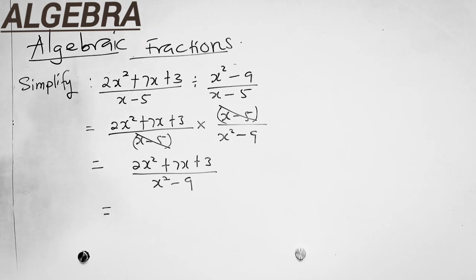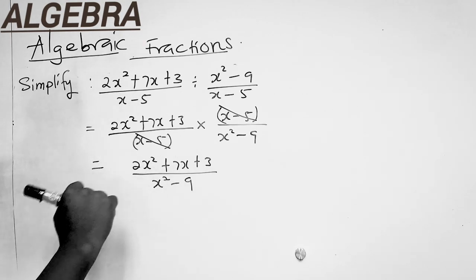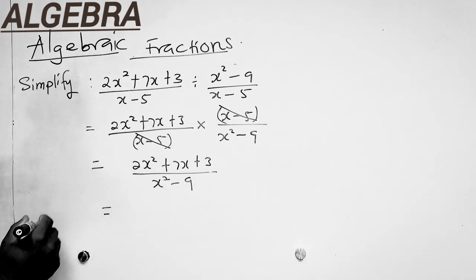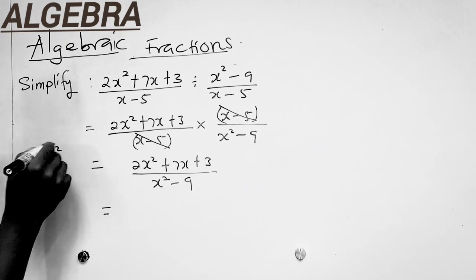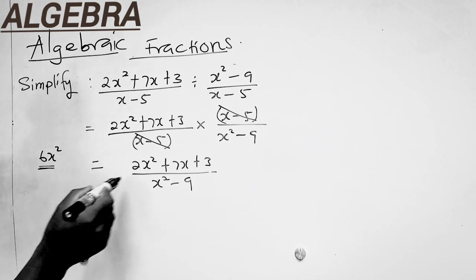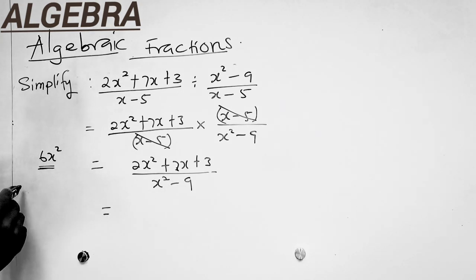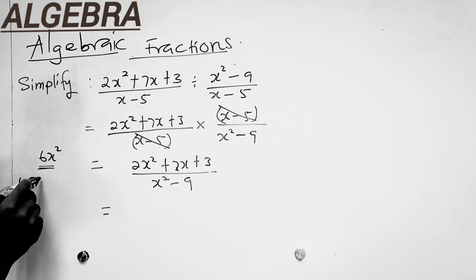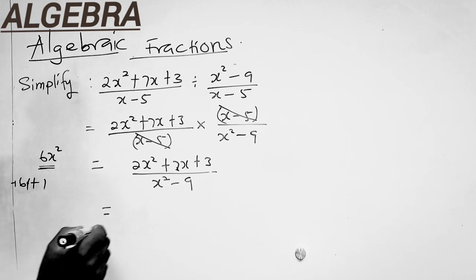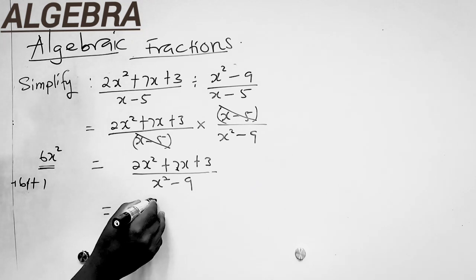And now I try factorization. We need to factorize this trinomial. Multiply these two, we get 6x squared. Then we look for factors of 6x squared that give us positive 7 if we add, which is 6 plus 1. So positive 6 and positive 1 are the factors. So we have 2x squared.